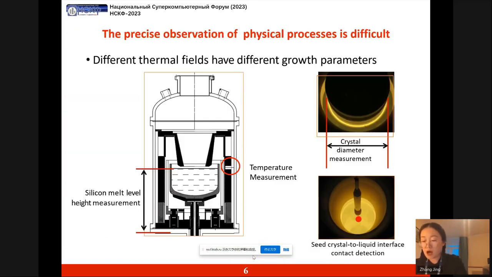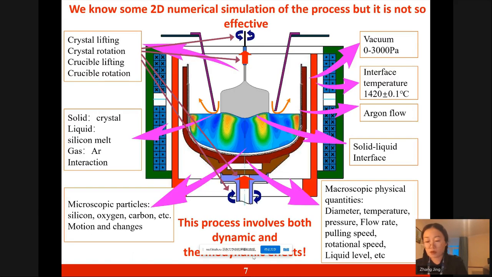The precise observation of physical processes is difficult because of high temperature, vacuum, and airtightness. It does not include the combined influence of large-scale physical characteristics and small-scale particles or microstructures.